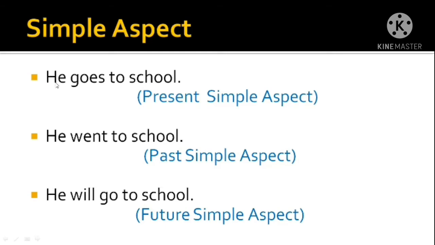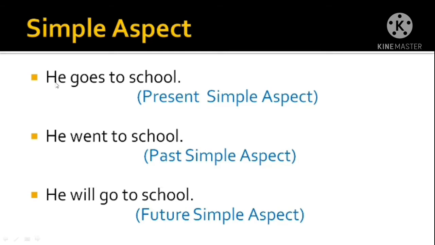And then you have he will go to school. This is also a simple aspect, but in the future form. How did you identify the present, past, or future? You identified present based on the form of the verb goes. You have go plus es as a suffix, and that is possible only in the present tense, right? Base form plus S or ES. That is happening only in the case of present tense.